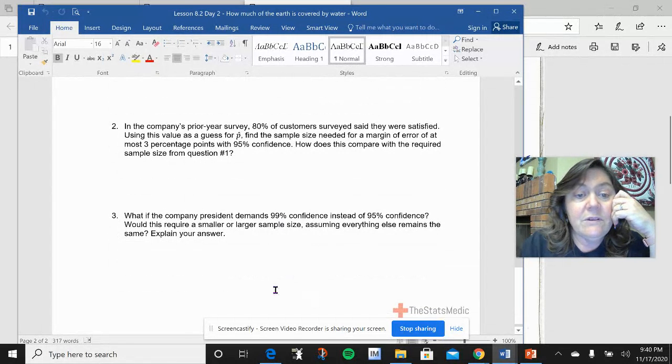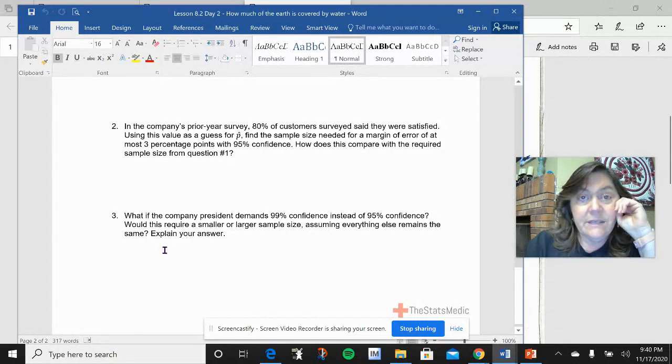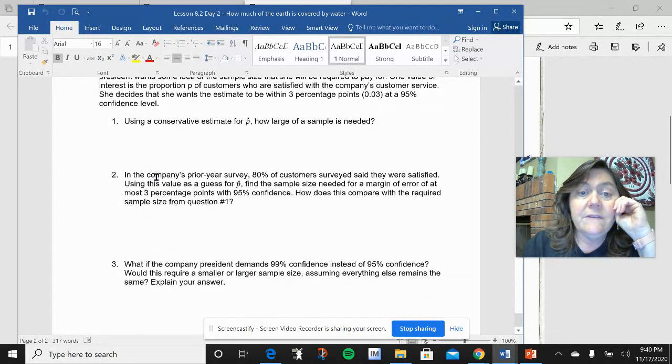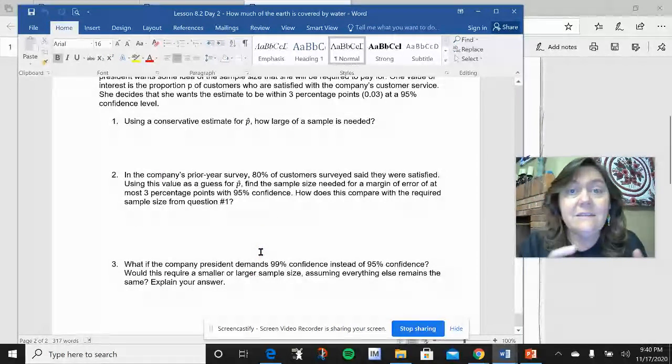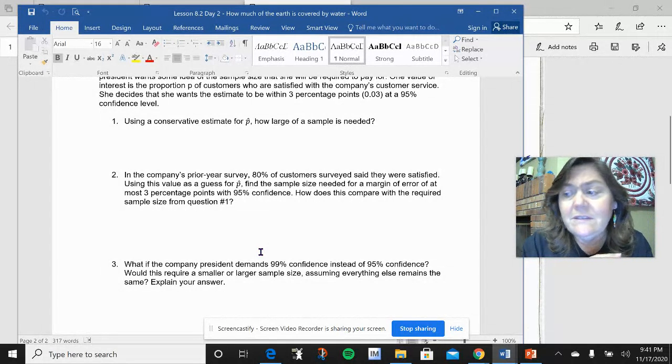Then, one more thing for you to look at. What if the company president demands 99% confidence instead of 95% confidence? Would this require a smaller or a larger sample size, assuming everything else stayed the same? So now go look at these and say, if my Z-star changes from that 95%, 1.96, to 99%, I think it's 2.576, something like that.